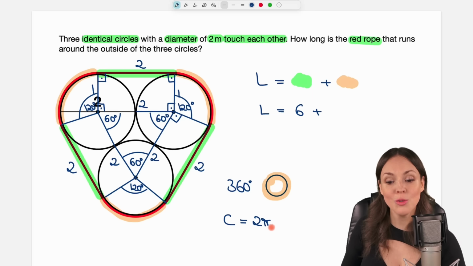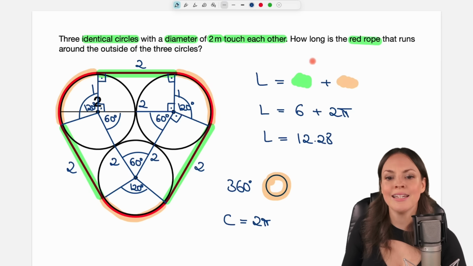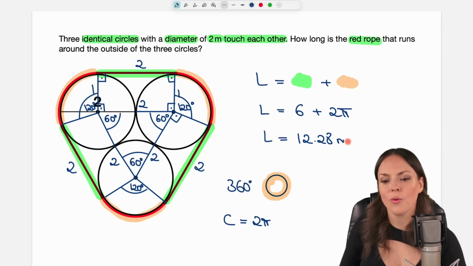We have 2 pi as the length of our orange part, so we put it in here. This is the length of my rope, but if you want to calculate it, just type it in your calculator and we get a result of 12.28 meters for the length of our rope.